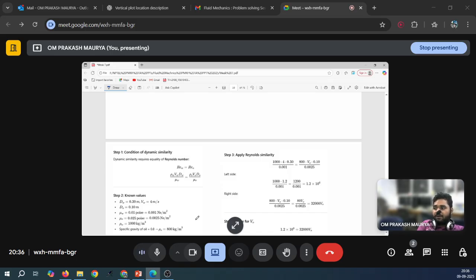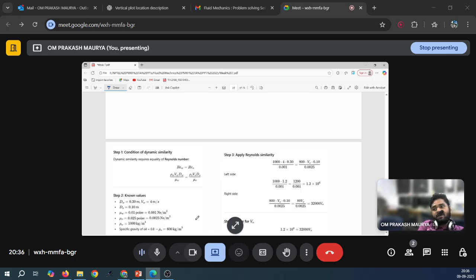So dynamic similarity requires equality of Reynolds number. For the dynamic similarity, that is force similarity, because Reynolds number is the ratio of inertia force divided by viscous force.